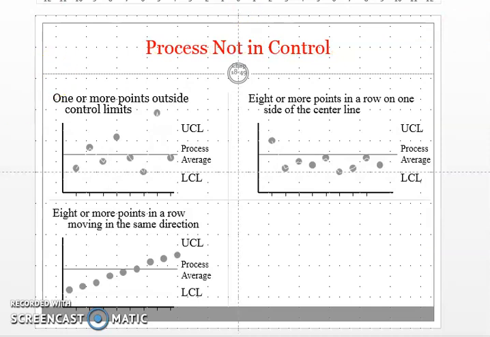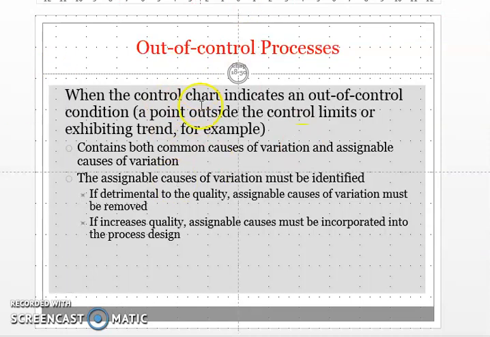Next, we will see the same thing given here. When the control chart indicates an out of control condition, a point outside the control limits or exhibiting a trend, the process contains both common cause of variation and assignable cause of variation.